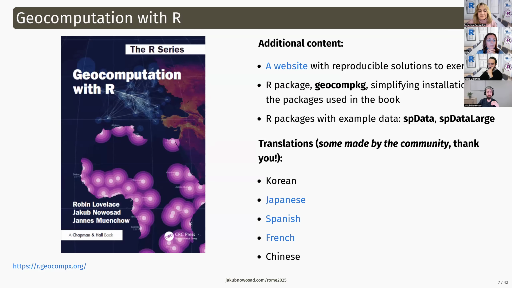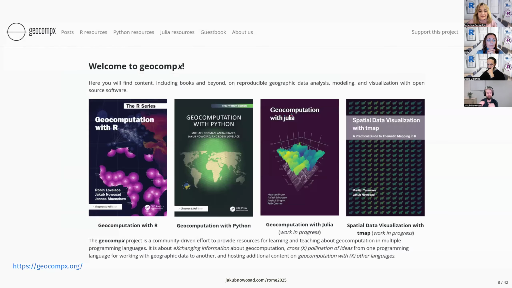This project started just as a book project almost 10 years ago, but nowadays it's a slightly larger community effort. We have books not only about R, but also a book about Python, and there is work on geocompx with Julia.